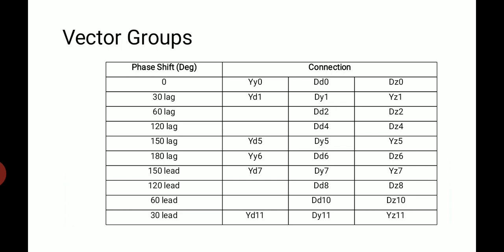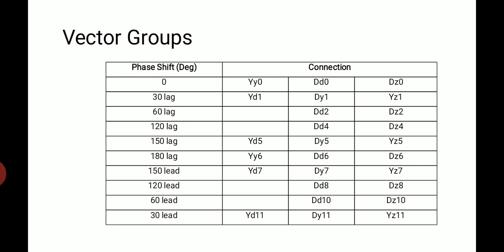For 0 degree and 180-degree phase shift, transformers from the same group can only be connected in parallel, but the 30-degree lag groups Yd1, Dy1 or Yz1 can be connected in parallel with the groups Yd11, Dy11 or Yz11 only by interchanging the connections to obtain the similar group.